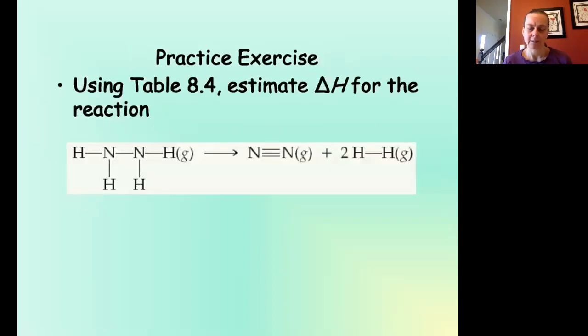Let's do one more practice example here. This table is table 8.4 in your book. I have it on the slides as well. This is asking us to estimate the delta H for this reaction. We have this N2H4 compound forming nitrogen gas and hydrogen gas. So let's switch our screens here for just a second.